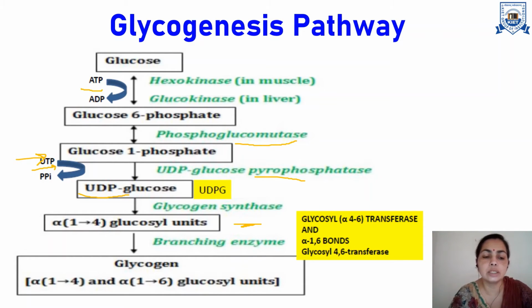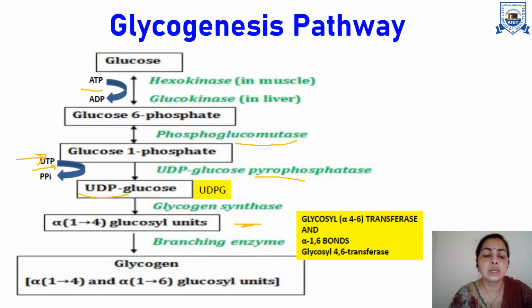So in this way the branched glycogen structure along with the linear structure is produced in these two steps by the help of the enzyme glycogen synthase and the branching enzyme, that is glycosyl alpha 1,4,6 transferase, because there is this linkage. That's why 4,6 transferase, it is transferring it to the 6 carbon.